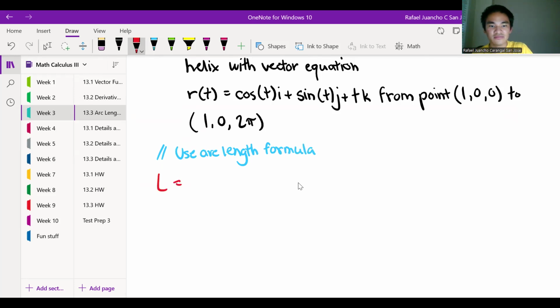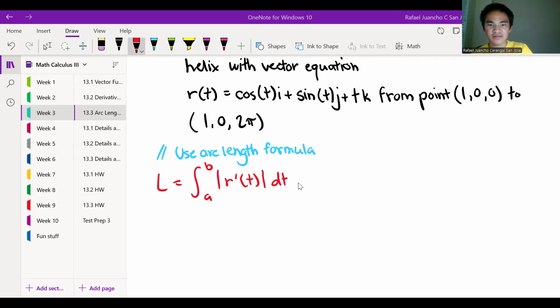Which is just our L, which is the integral from a to b of the length or magnitude of our vector function. Oh, our derivative, so our tangent vector, dt. Okay, let's see.